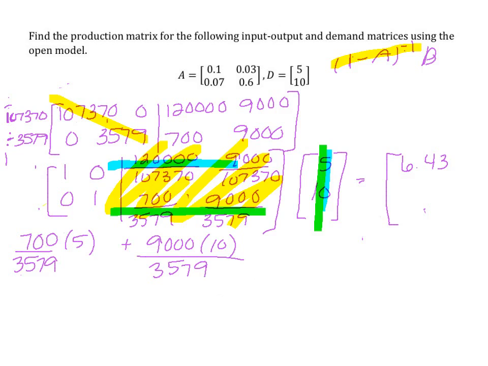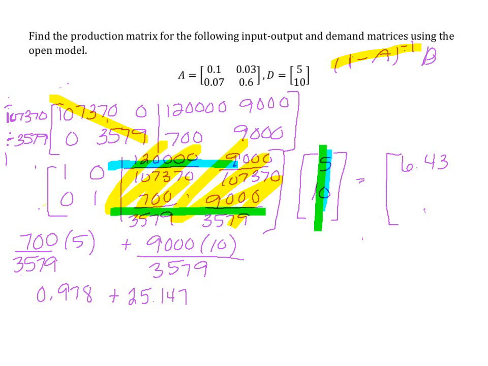Again, we're going to get some decimals. So take 700 times 5 and divide that by 3579, and you should get 0.978. On the right-hand side, we're going to take 9,000 times 10 and then divide that by 3579. Again, you should get a decimal. A larger decimal, but still a decimal.